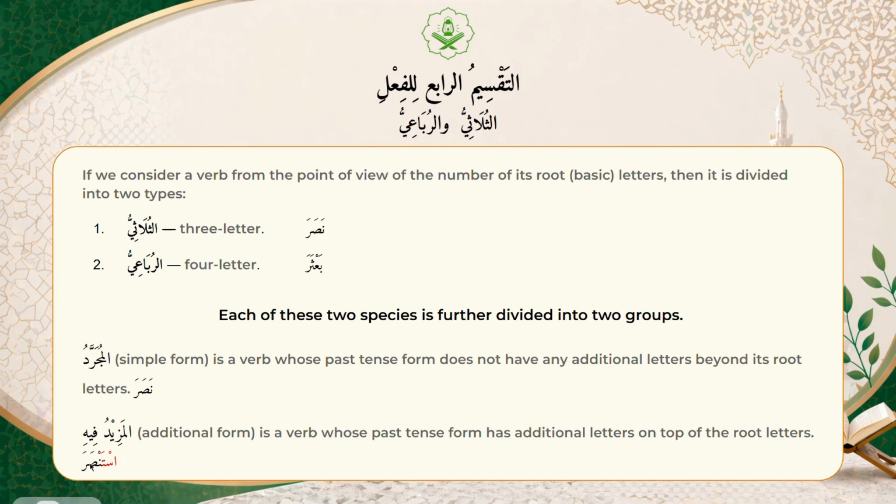It has 3 root letters, so it's called thulathi, and it was added to, so it will be called mazid fihi. And this simple form is called thulathi mujarrad, or this ba'thara is called ruba'i mujarrad. Why? Because it doesn't have any additional letters.